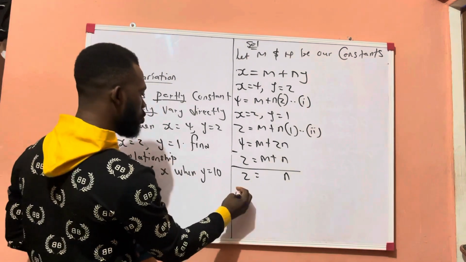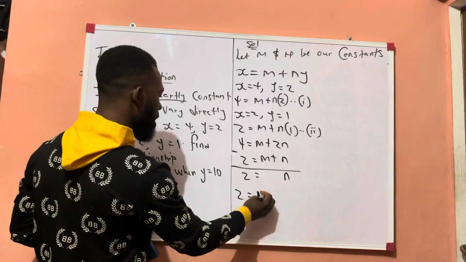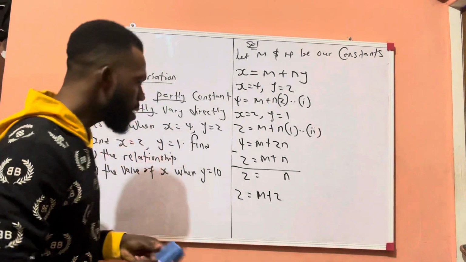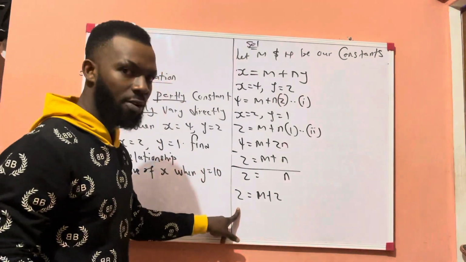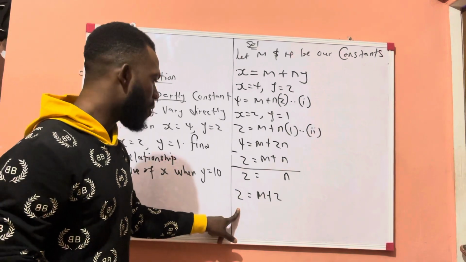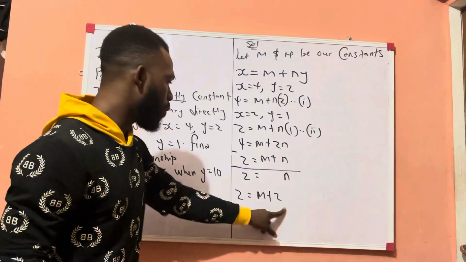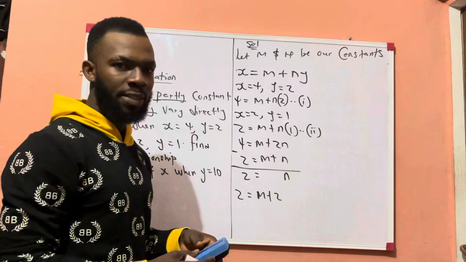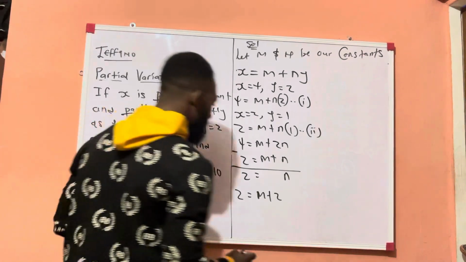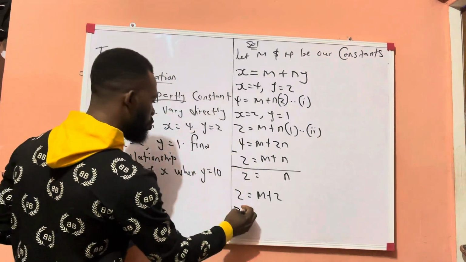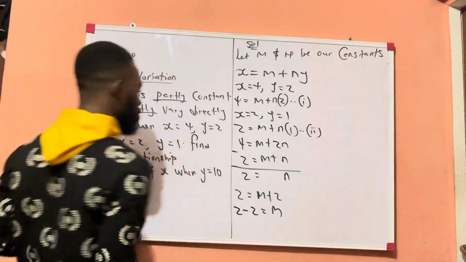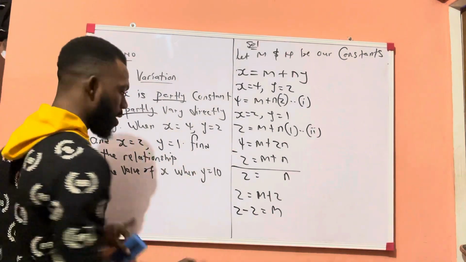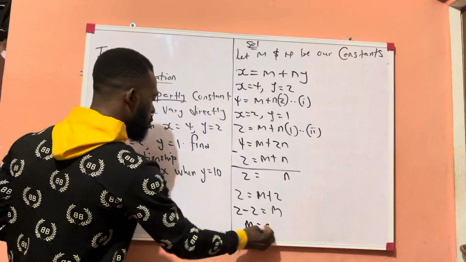So here it becomes 2 is equal to m plus 2. Now, what do I do here in this case? I collect like things. If plus 2 crosses to this other place, it becomes minus 2. So automatically, what do I have? It becomes 2 minus 2 is equal to m. Now, 2 minus 2 will give us 0. So it means m is equal to 0.